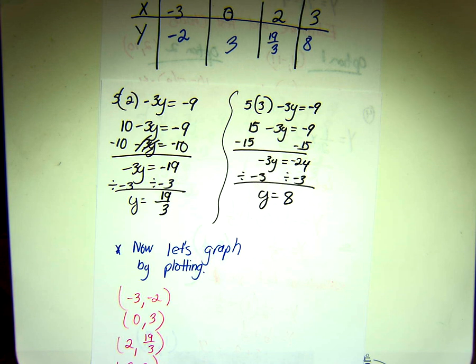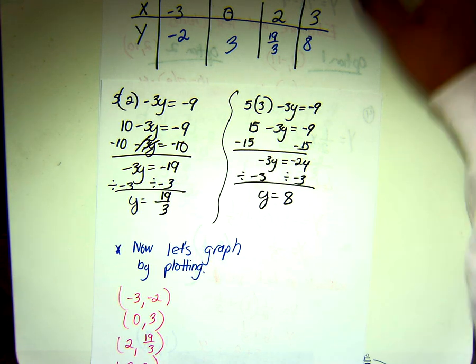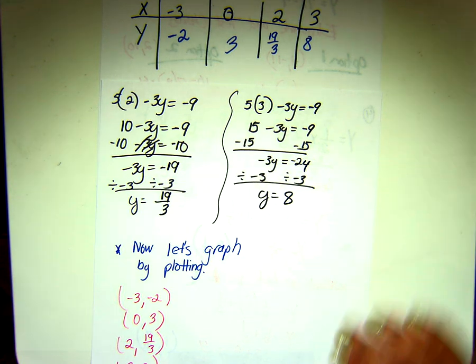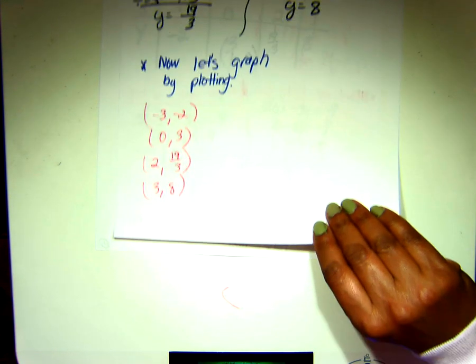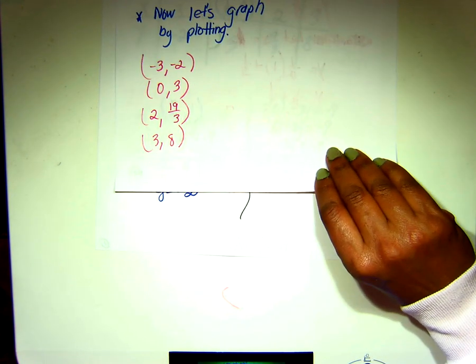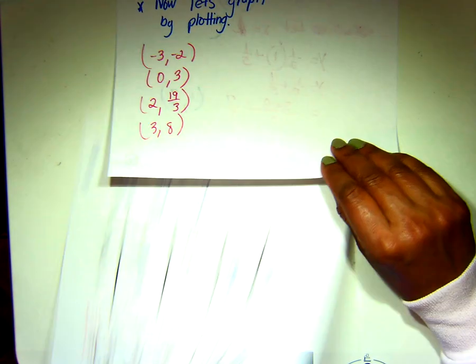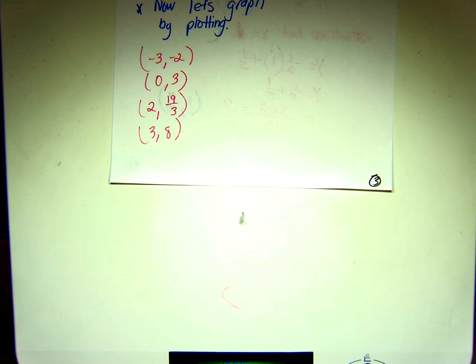Now we're going to graph it. So we have these points now. So using this table, here are your points. So I'm moving it up so you can actually see it very well. So we're going to plot those.